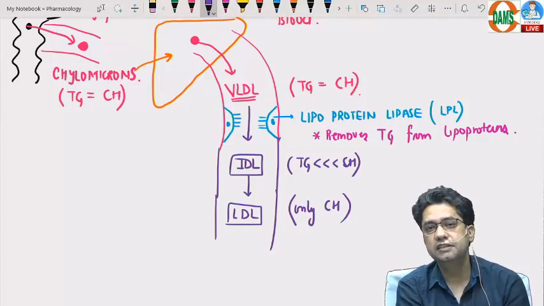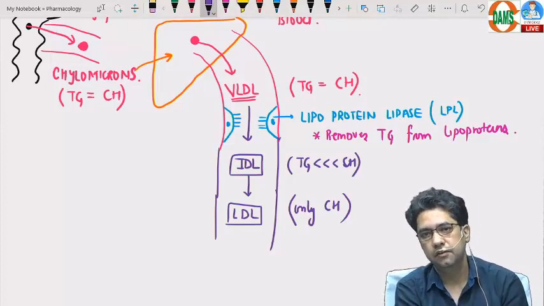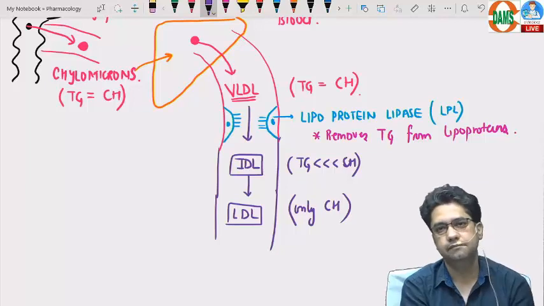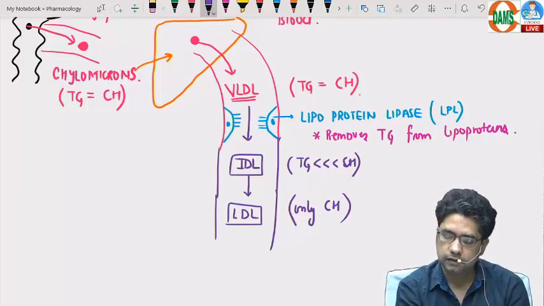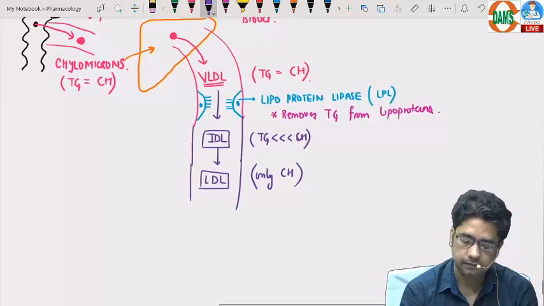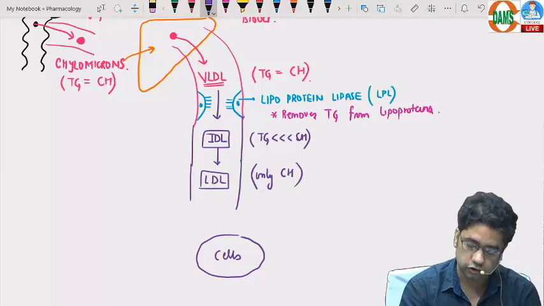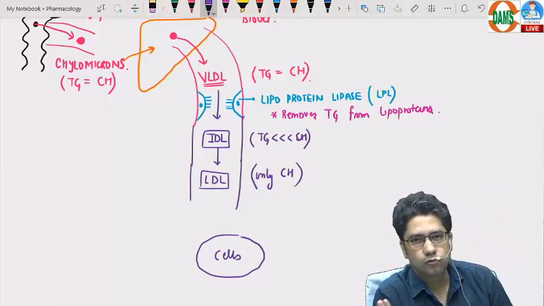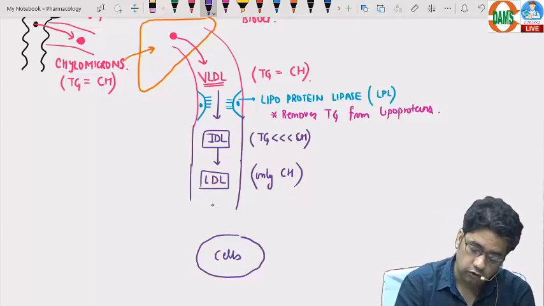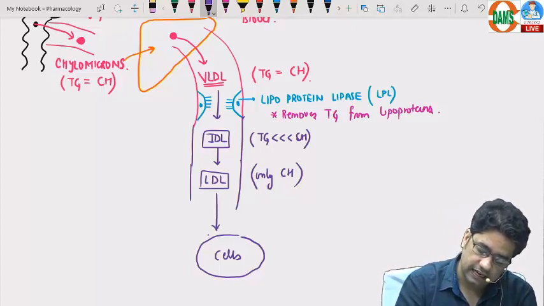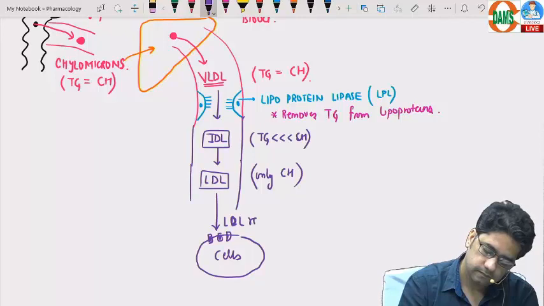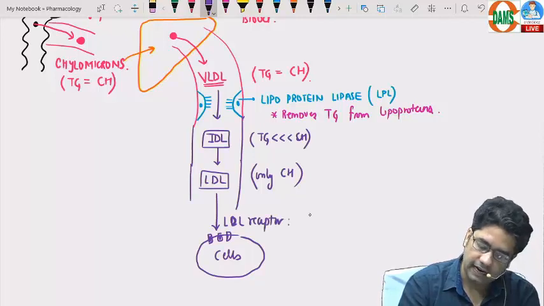So if our body cells need triglyceride, we have lipoprotein lipase enzyme. But if our body cells require cholesterol, which is also required for cell membrane and hormone synthesis, remember, the cholesterol donating species is LDL. Our body cells have LDL receptors, and LDL donates cholesterol.